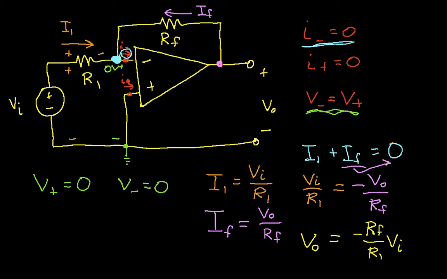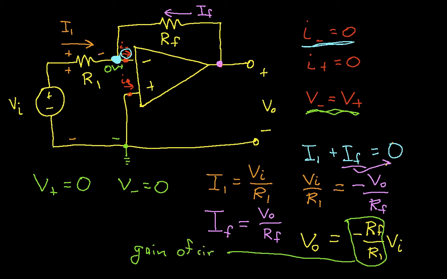So there you have it. We've basically solved what the output of this op-amp circuit is for any input voltage and any combination of RF and R1. So let's talk about this just a little bit. This term, negative RF over R1, is called the gain of the circuit.